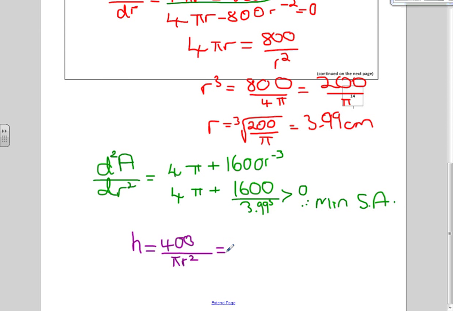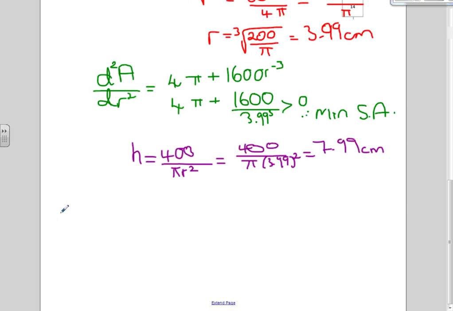Substituting in r equals 3.99, that's 400 over pi times 3.99 squared, and if you type that into your calculator, you get 7.99 centimeters.